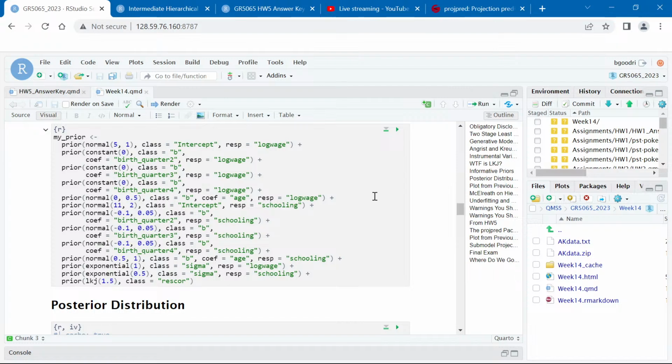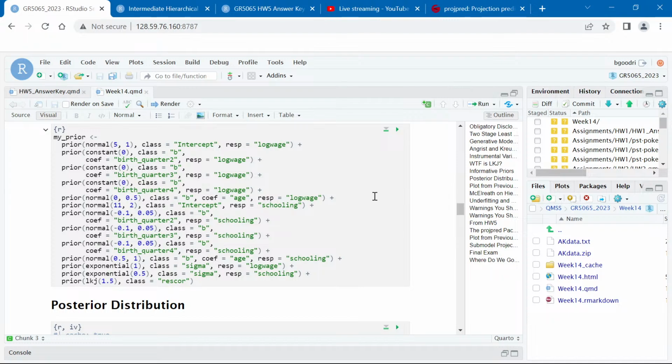So to specify the priors on this, usual stuff, except we need to put a prior that's constant on 0 for the effect of birth quarter on log wage. So that's the exclusion restriction. When you were born has no effect on wages except through this high school dropout mechanism.